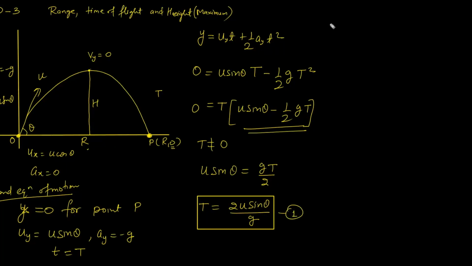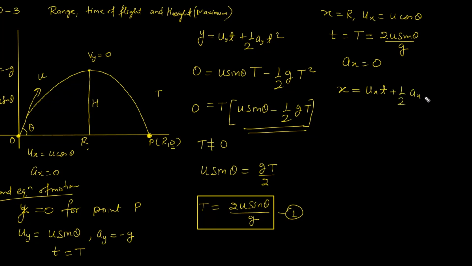Okay. Now again if I want to calculate the value of range, I will use the second equation of motion. So x will be R, when ux is u cos theta, time equals capital T, which is 2u sine theta by g, and ax is 0. From the second equation of motion, x equals ux t plus half of ax t square.